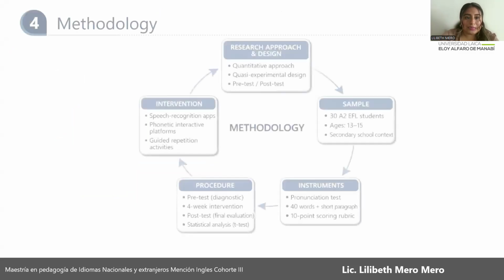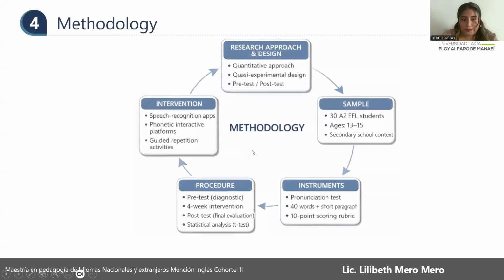Okay, next, methodology. The methodology was experimental with a pre-test and post-test design, working with 30 A2 students over a period of 4 weeks. First, I administered the pre-test and measured the students' initial pronunciation level on the selected consonant sounds.